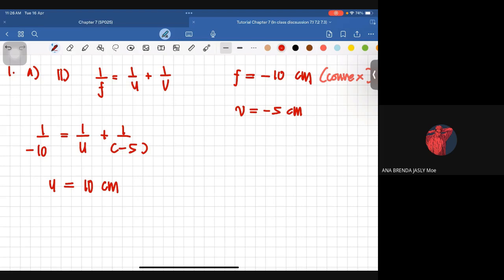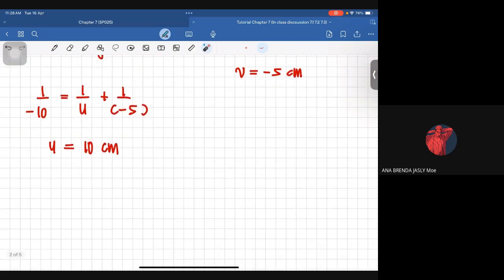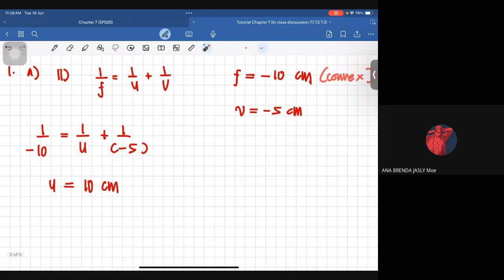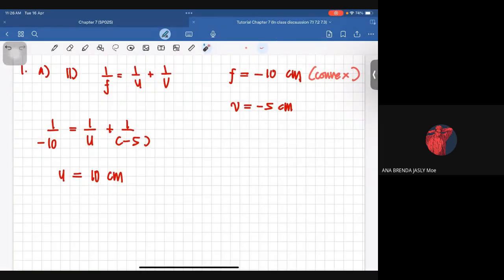Object supposedly memang perlu positif lah. Kalau kamu dapat negatif tuh, maksudnya salah satu nih kamu lupa letak negatif. Right, next. Okay kah? Boleh kah tanpa laju? Bagi tahu kalau tanpa laju.